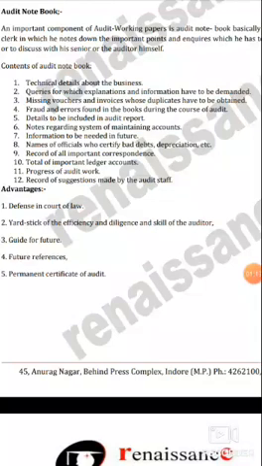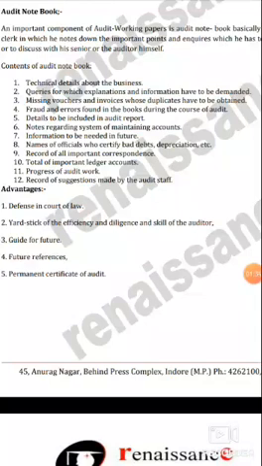And the recording of suggestions made by other audit staff: if more than one person is doing the audit, the auditor will write the suggestions which the other audit staff gave.